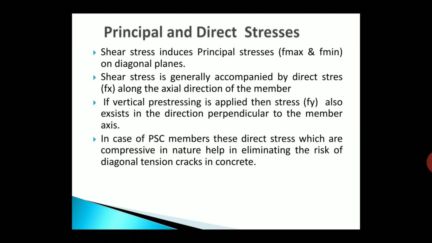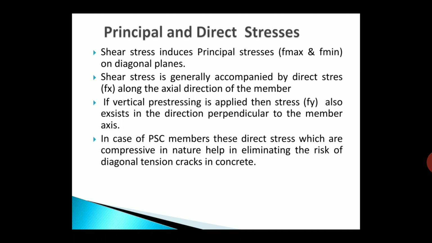Then let's come to the concept. Firstly, let us understand principal and direct stresses. Shear stress induces principal stresses F maximum and F minimum on the diagonal plane. Because of shear stress, the principal stresses, that is F max and F min, are induced along the diagonal.